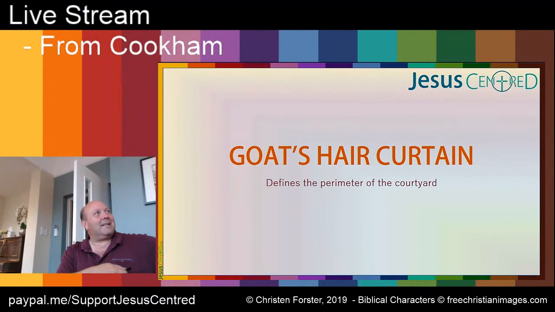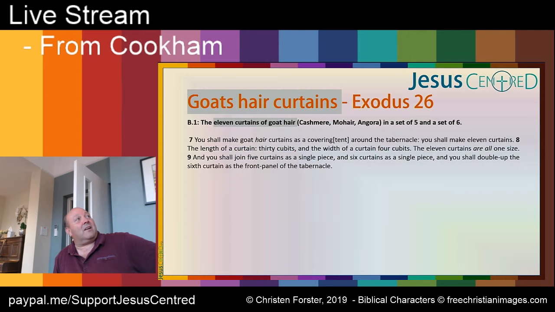So that's going to be the outside wall of the tabernacle, and we're going to put that to one side for the minute because we have to do the same thing with the goat's hair curtain. Now, the goat's hair curtain, my contention, Andrew Hoy's contention, is that it is exactly the same as what is described as a white linen curtain. But remember how I pointed out the word linen is not there.